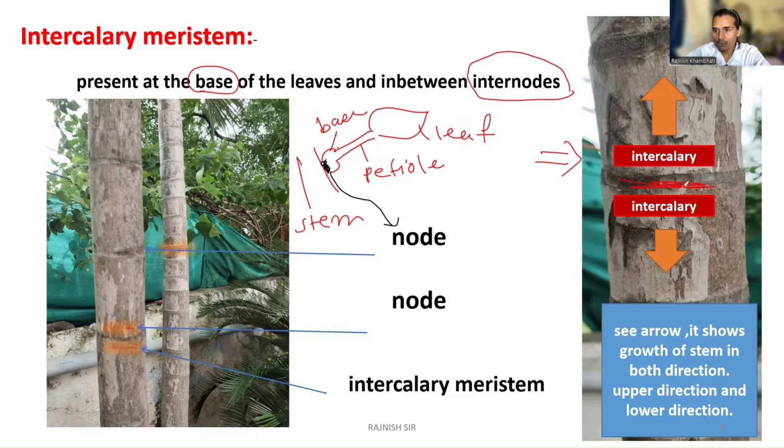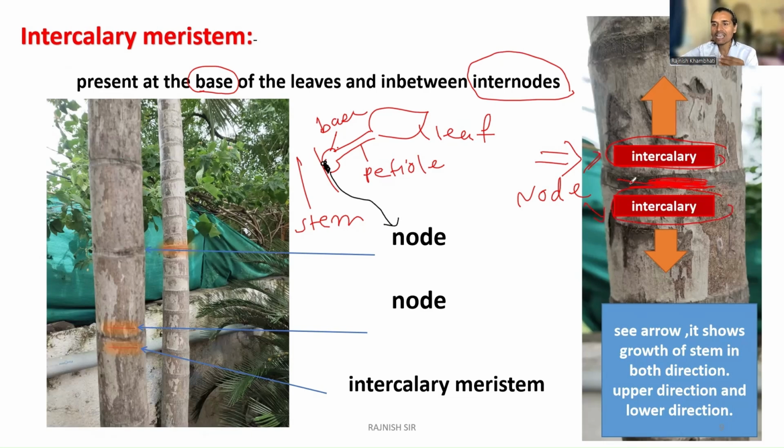This center portion is node. Above the node, a small portion is intercalary meristem, and below the node, a small portion is intercalary meristem. So likewise, it is present above and below of node.